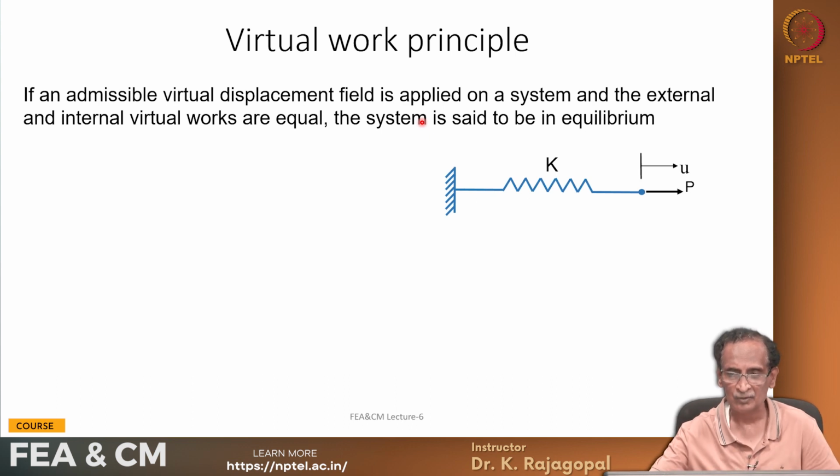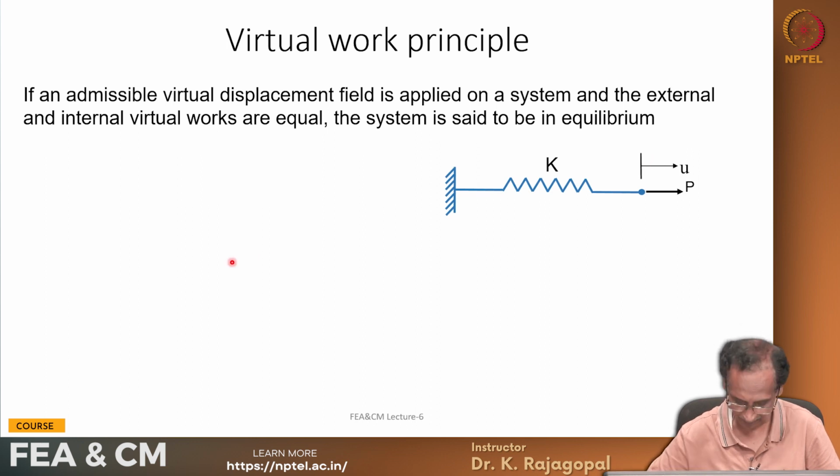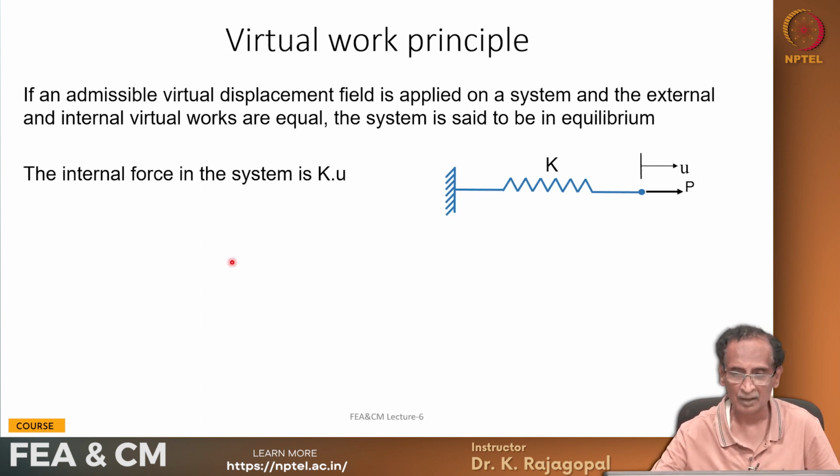Let us say that we have a spring under a load of P, and it is subjected to an elongation of U. On top of this, let us apply a virtual displacement of delta on the system.